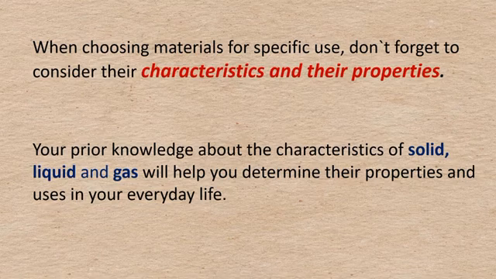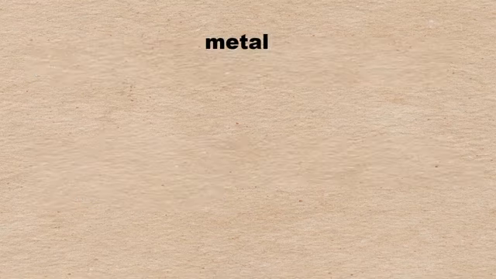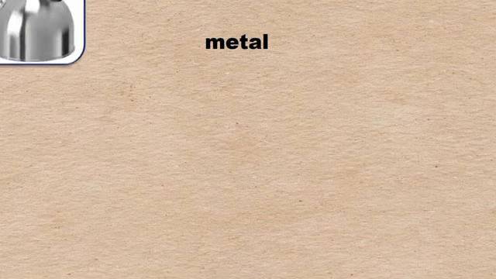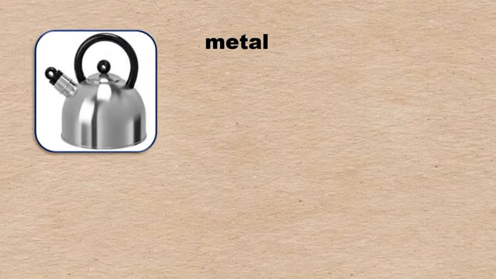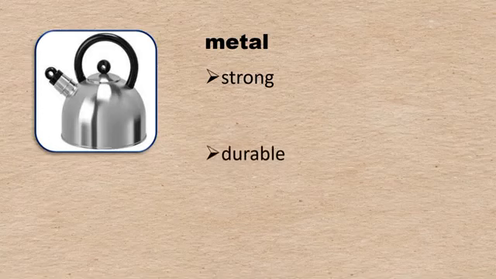Your prior knowledge about the characteristics of solid, liquid, and gas will help you to determine their properties and uses in your everyday life. You can describe a metal kettle by saying that it is strong and durable. A metal is also malleable.